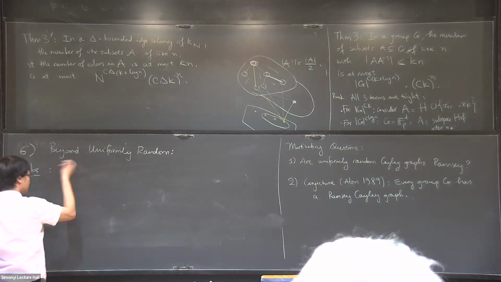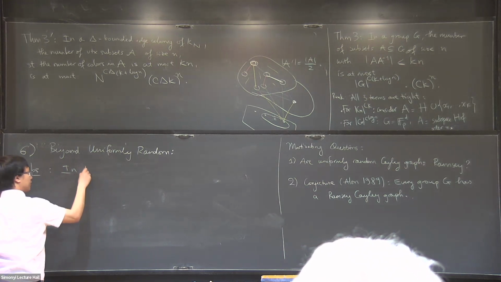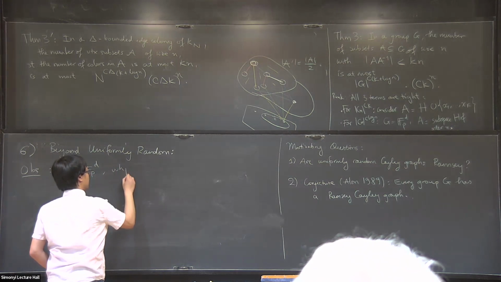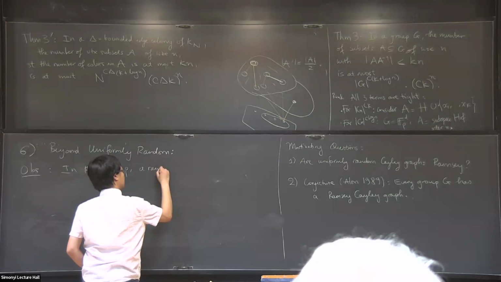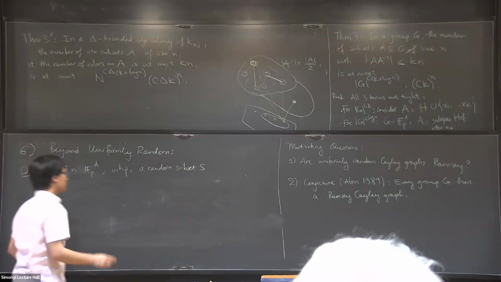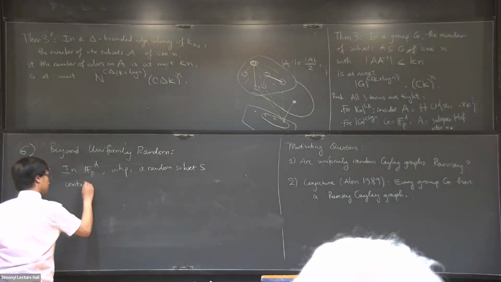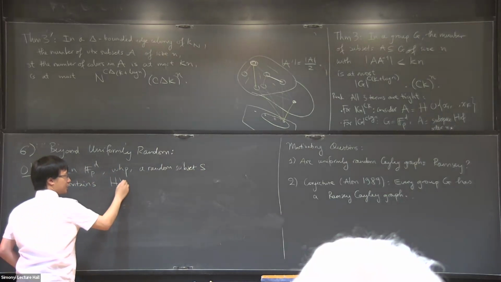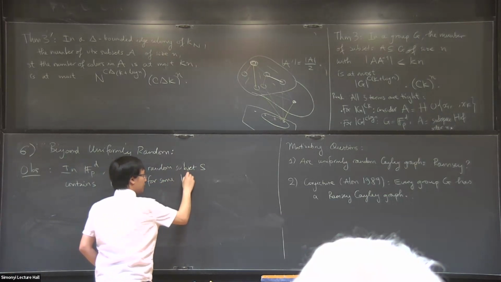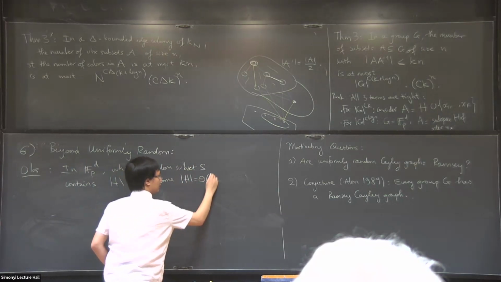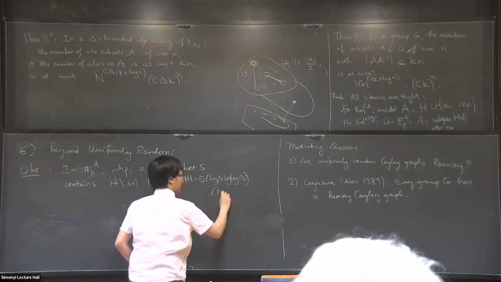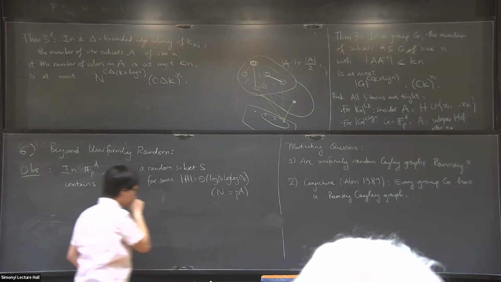It turns out that you can show quite easily that in F_p^d, in the vector space, with high probability a uniformly random subset S, the generating set, is going to contain a subspace H of order log n. Again, n is p^d, n is always the size of the group.